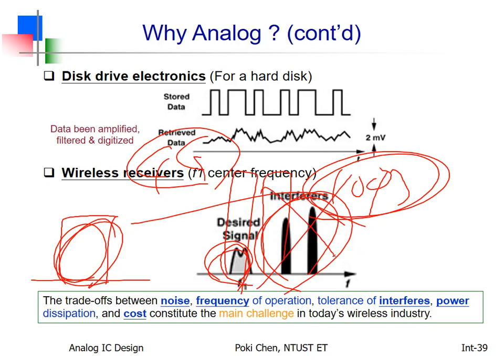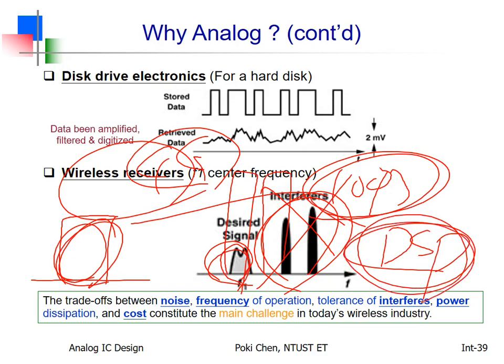Who can help you? Usually, especially in such high frequency operation, nothing can be done in the digital domain. Even with DSP, you cannot make it. In this way, you need to filter the interference exactly in the analog domain, especially for such very high frequency bands.